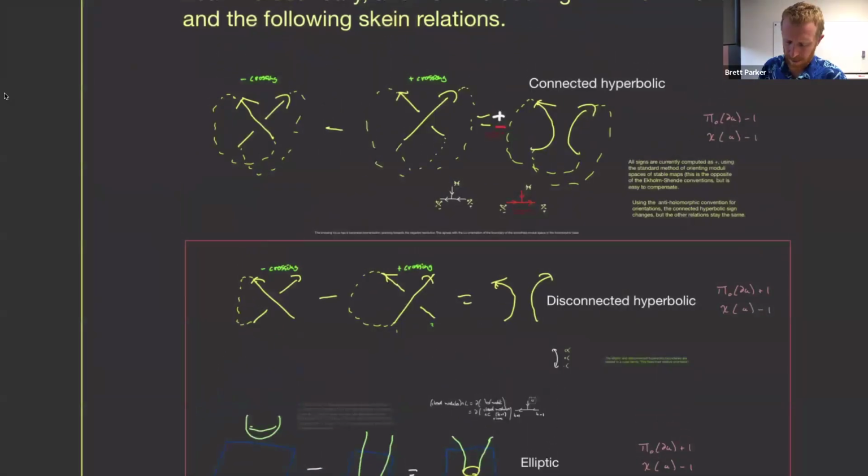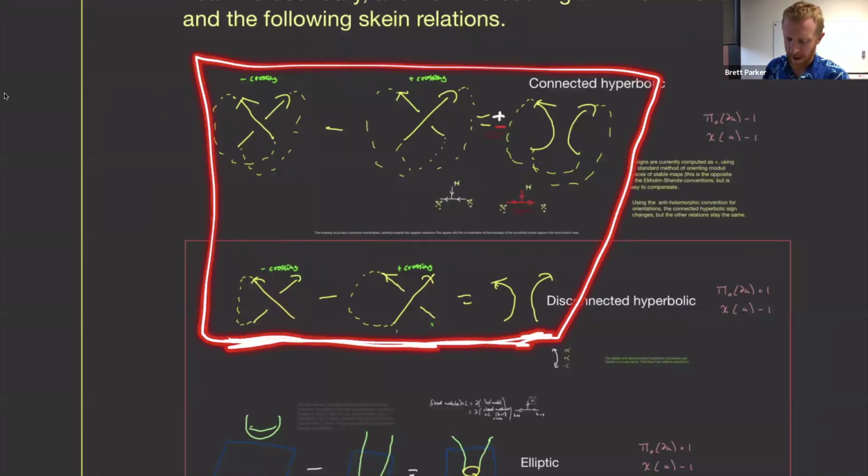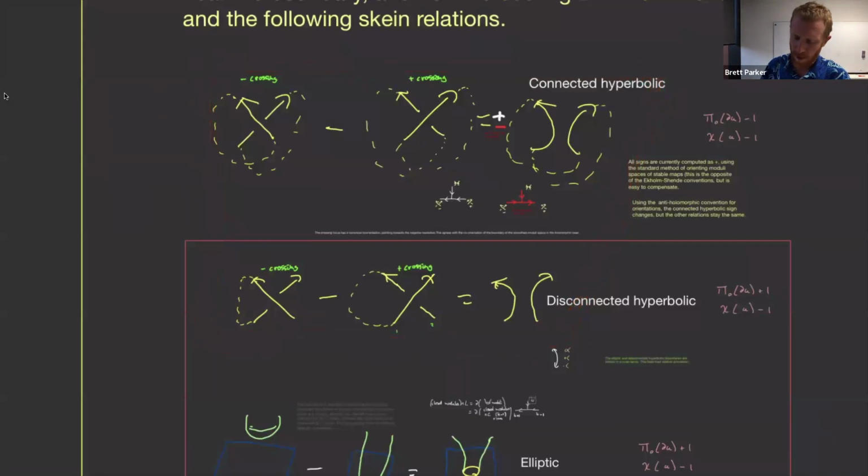Now there are, I think, two types of Skein relations corresponding to these crossings in this worldsheet Skein module, and we need to distinguish between them. One of them, when you resolve it, gives you something connected, some connected link or knot.